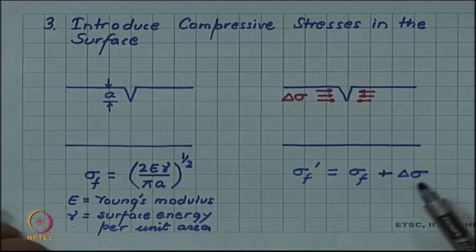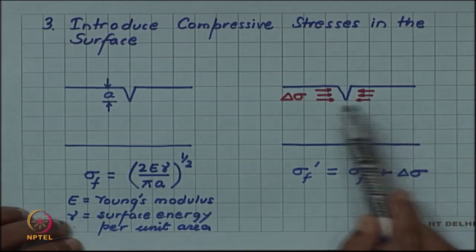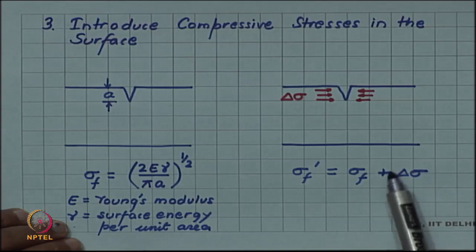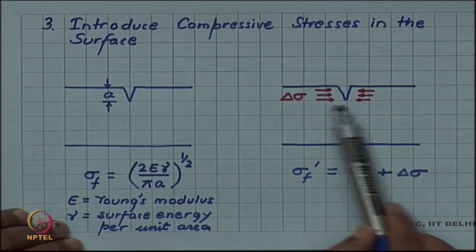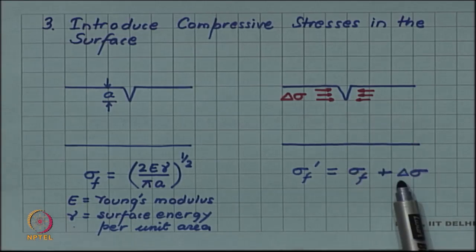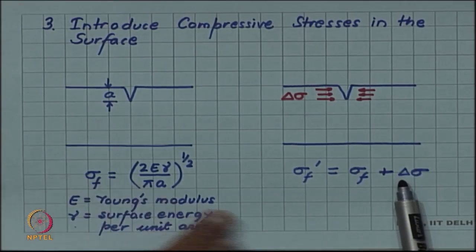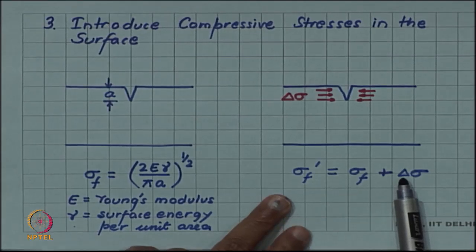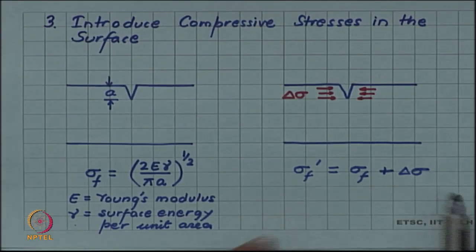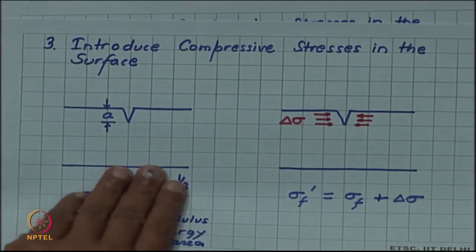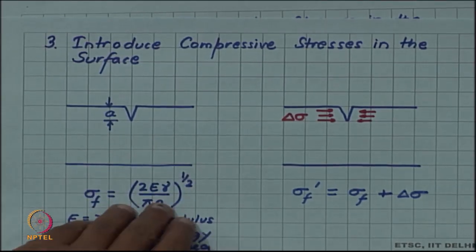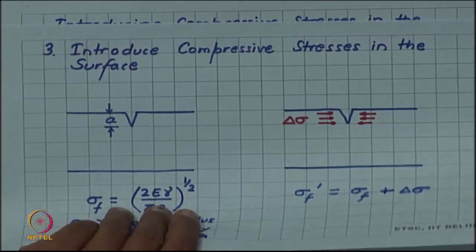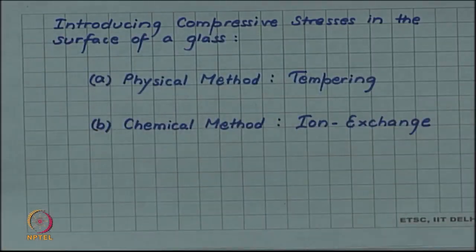If you have put delta sigma compressive stress on that, this much tensile stress is first required to bring the effective stress at the crack faces to 0, and then an additional sigma f is required for the crack to propagate. So the new fracture stress will be higher if compressive stress is introduced. This is the basic philosophy of enhancing the fracture strength of a material by introducing compressive surface stress.